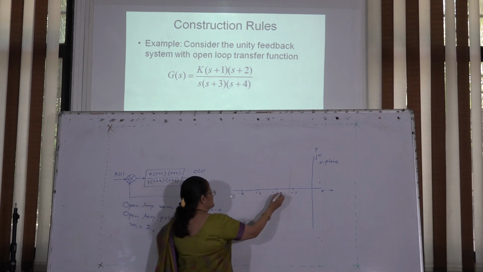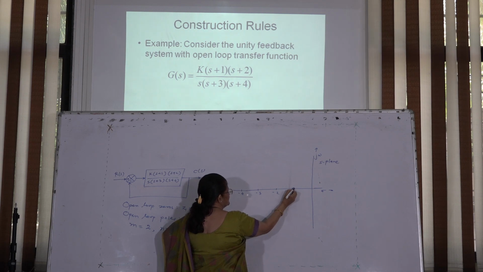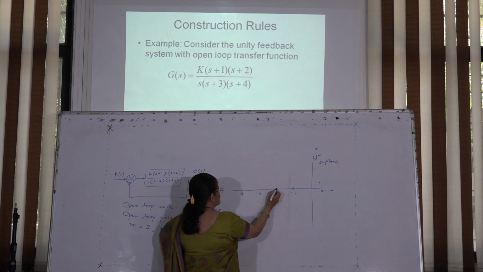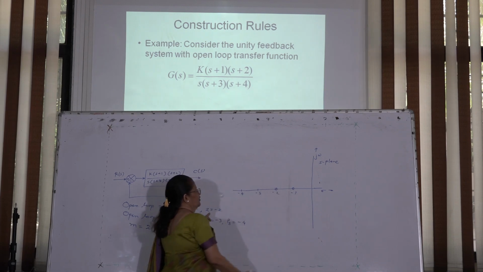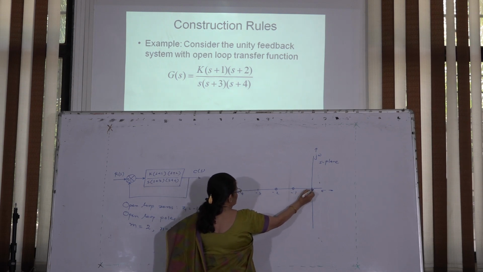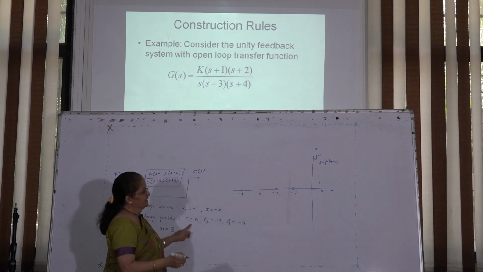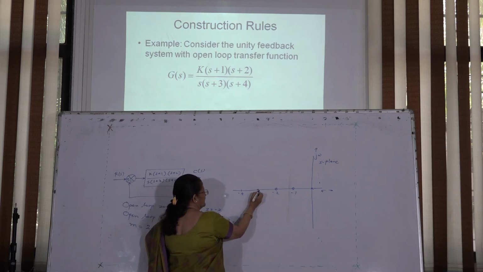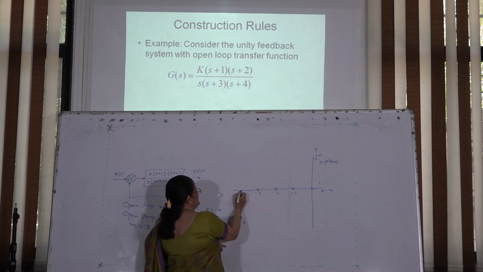Zeros are at minus 1. So, how to represent a zero? A small circle. Z is equal to minus 2. So, a small circle. Then P1 is at 0. So, one pole is represented by a cross. So, P1 is 0, P2 is minus 3 and P3 is at minus 4.